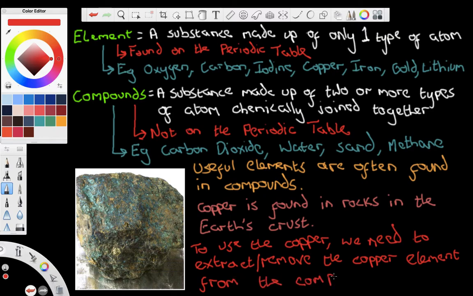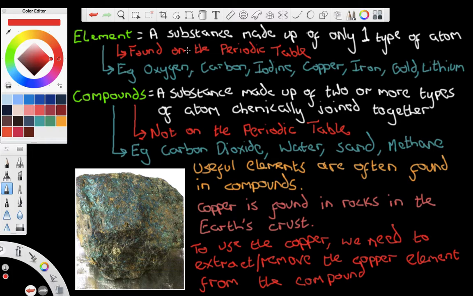Okay, so we've got copper trapped as a compound in this rock. We want to remove that copper so that we can use it to make pipes in plumbing, so that we can make electrical cables, so that we can use it in cooking pans. And today we're going to look at how we do this.